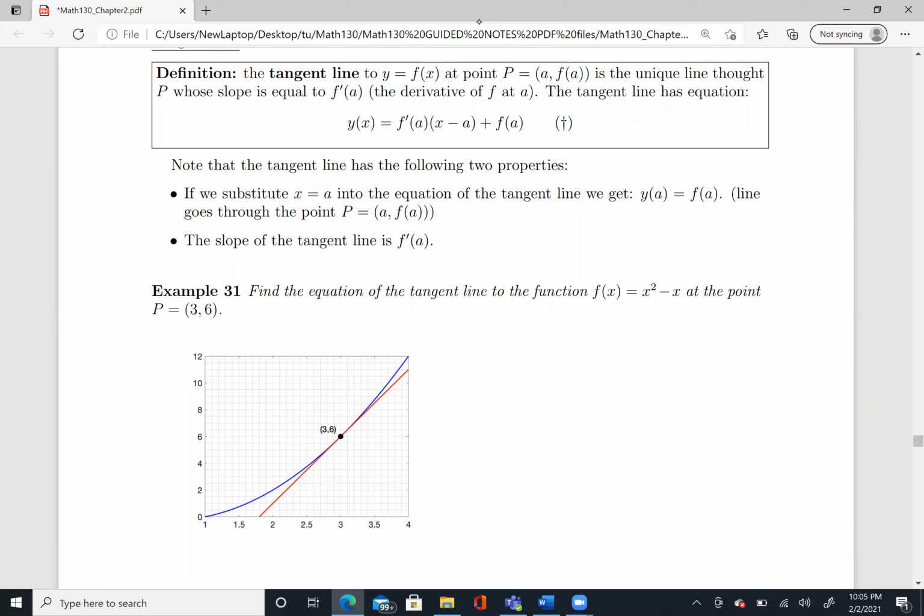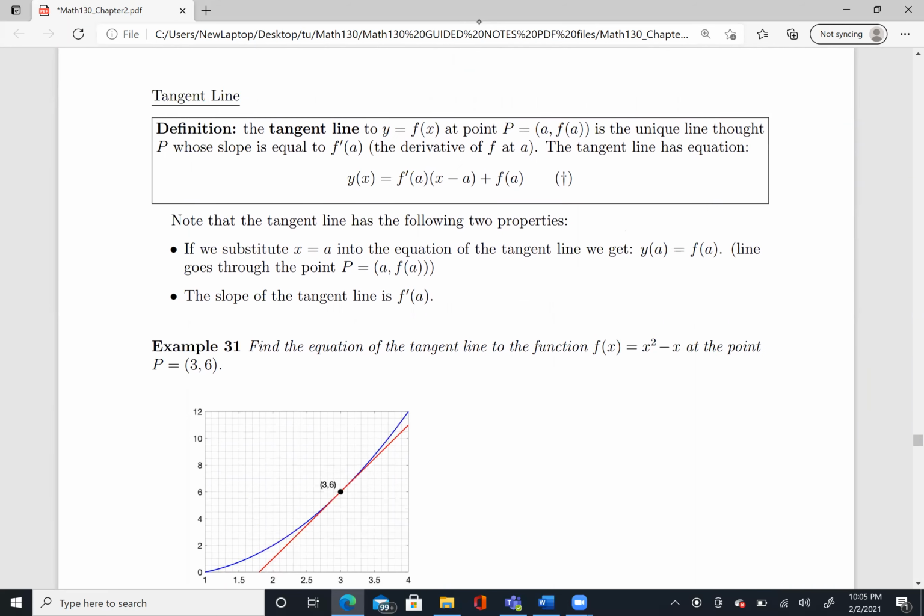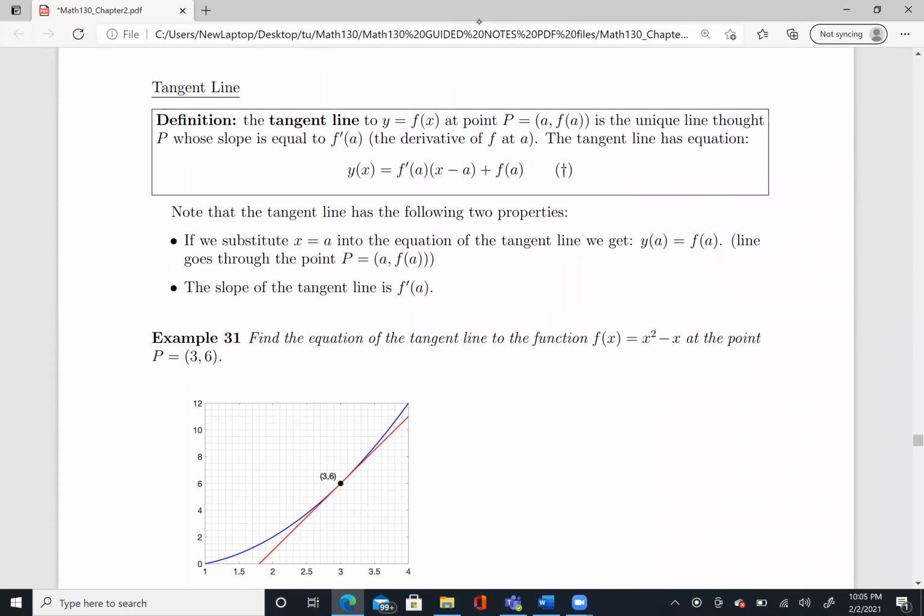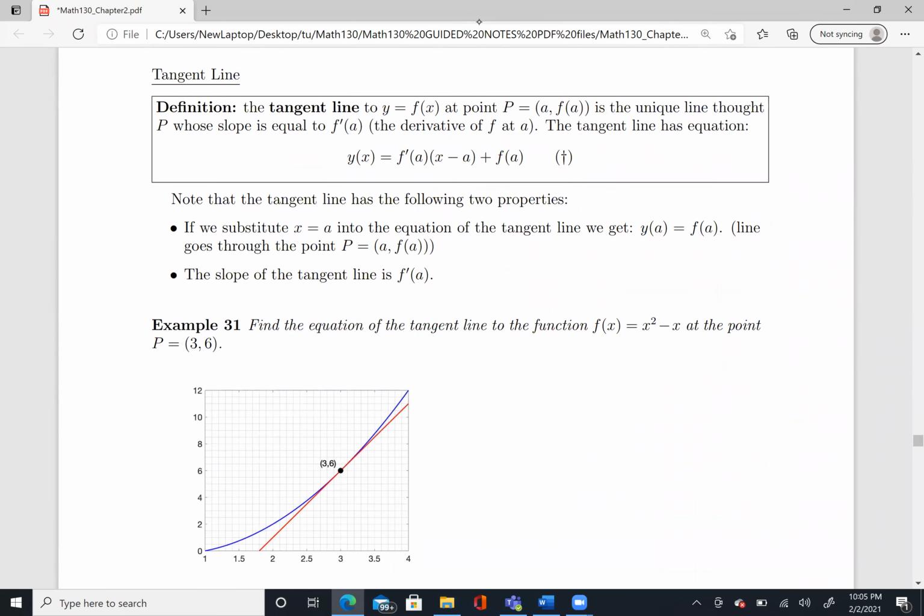Okay, so now let's move to the tangent line. Someone may still want to ask, what is a tangent line? Okay, definition.